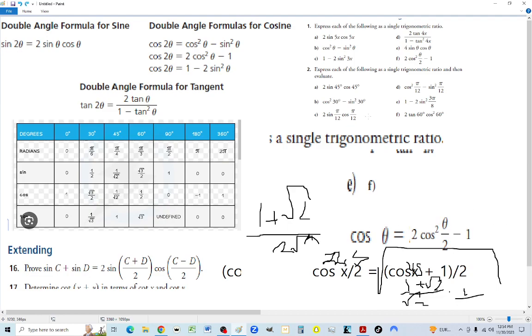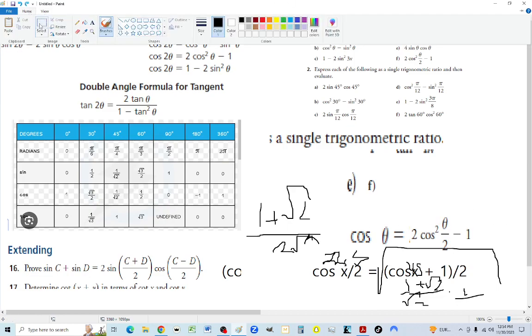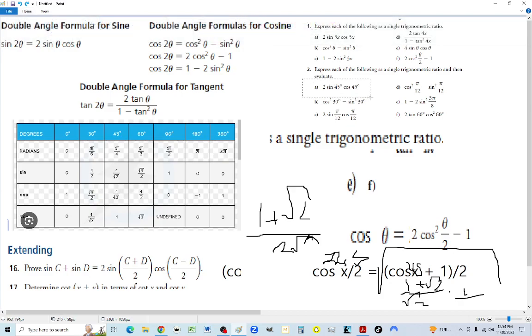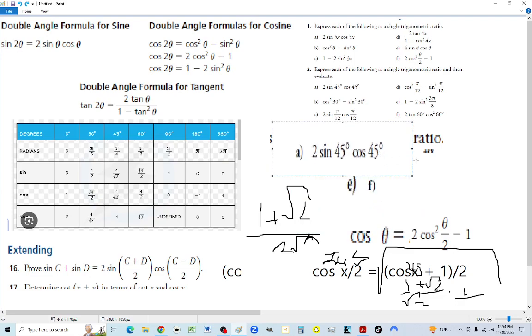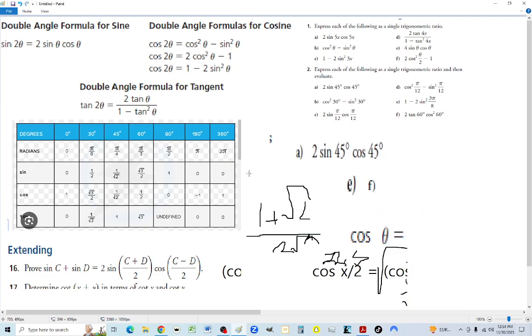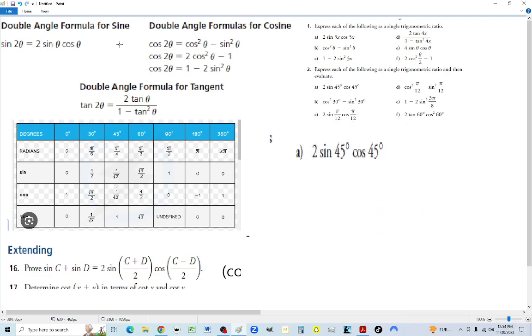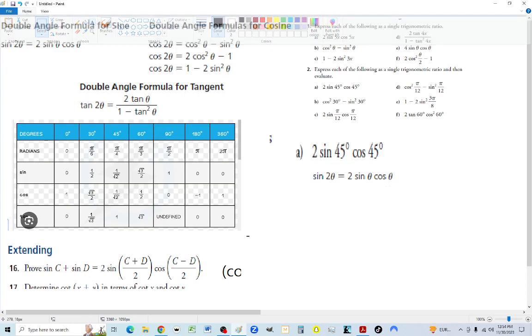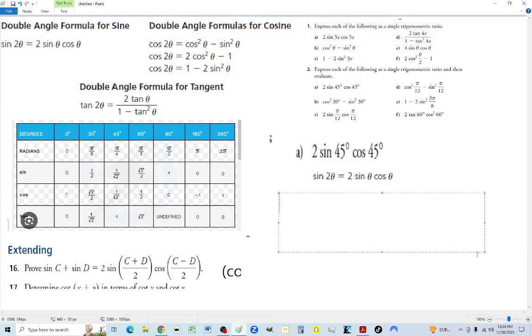So they're introducing you to a sort of sneak preview of the half angle formula. What about this? It's the same sort of thing now. They're asking you to recognize what that looks like. Well, it looks like this. And what's twice 45? Sine of 90.